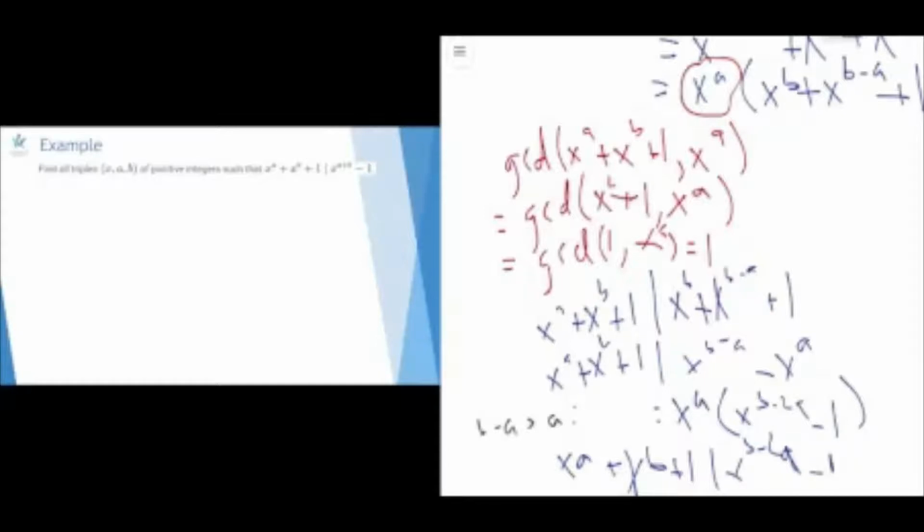Okay, so at this point, we know that this left-hand side divides this right-hand side, but b minus 2a is smaller than b. So that means x to the b minus 2a is less than x to the b. So on top of that, we have this x to the a plus 1 term. So x to the b minus 2a is actually less than this whole thing. And we're even subtracting 1. So this whole thing is less than this whole thing.